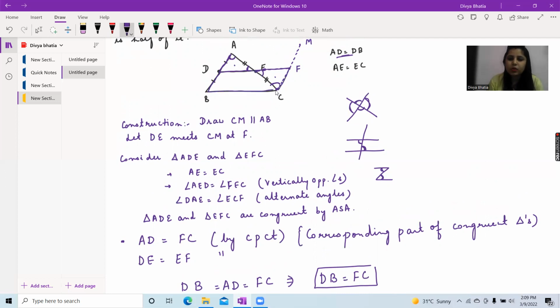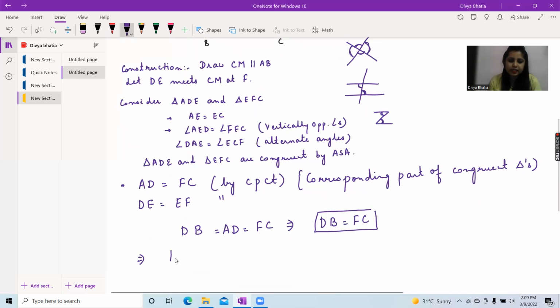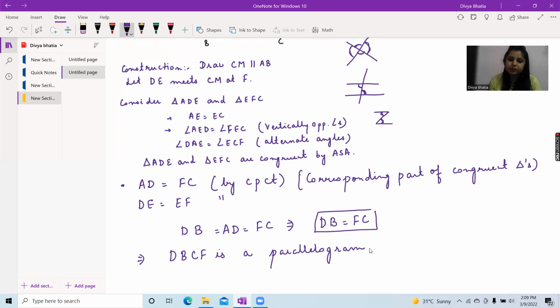What happens in this quadrilateral? DB and FC are parallel because of construction, and DB is also equal to FC. So these two sides are parallel and they're also equal. So one pair of sides are parallel and equal. So DBCF is actually a parallelogram, because one pair is parallel as well as equal.